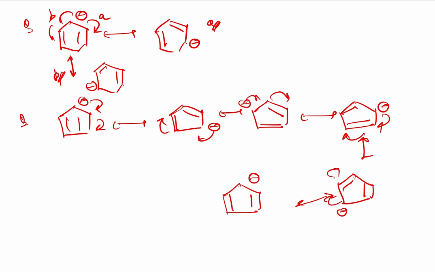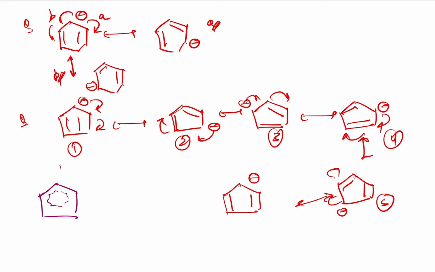So how many resonating structures will be there? 1, 2, 3, 4, 5. 5 resonating structures will be there, and it will form delta negative, delta negative, delta negative, delta negative. So delta negative must be minus 1 by 5.